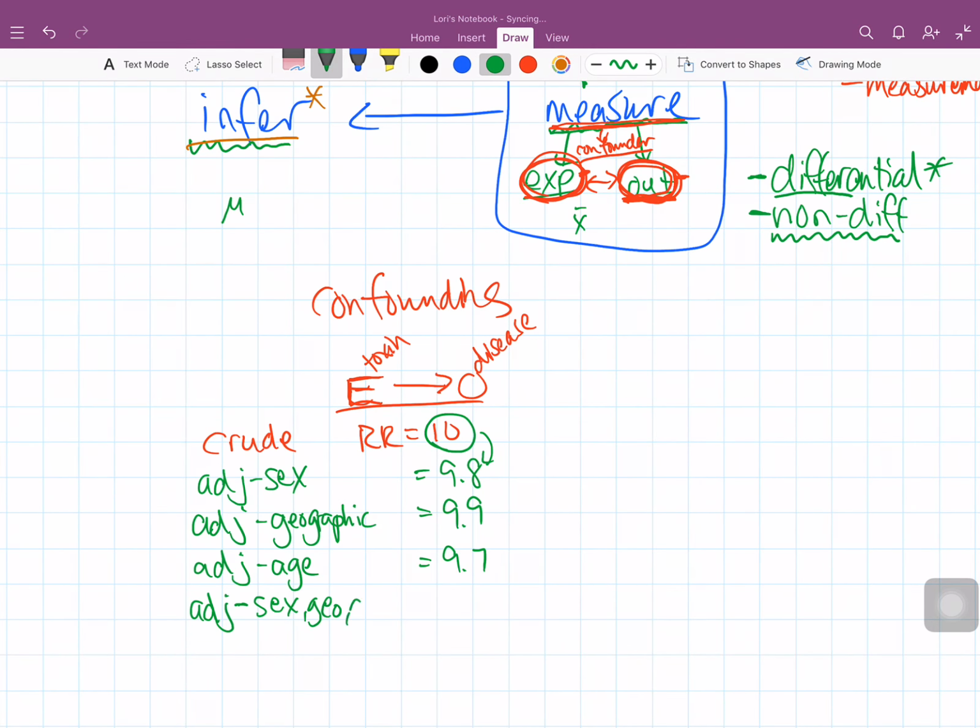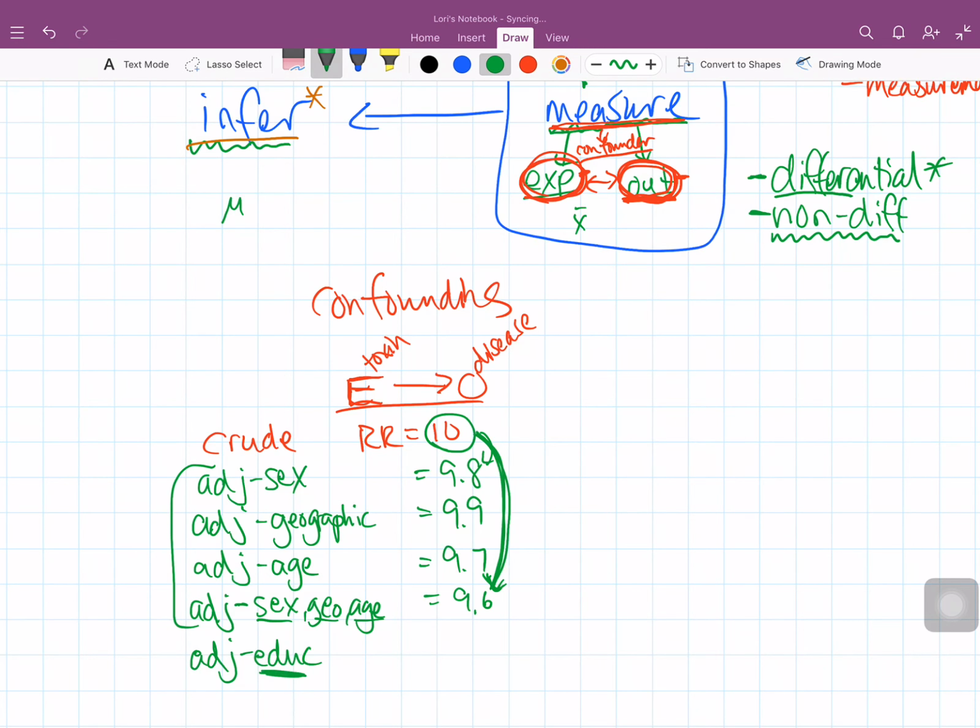This really has not changed significantly. There are little bits and pieces of this relationship that have to do with sex, geography, and age, but it's not a really big difference. Let's consider another example. Instead of adjusting for all of these things, we adjust for education.